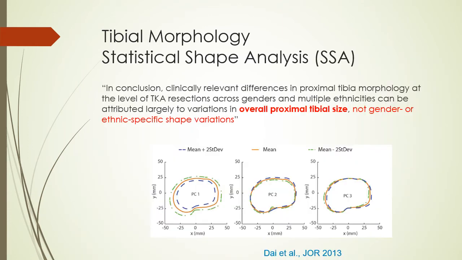In that same study, an example was presented based on using statistical shape analysis to assess the variation of tibial resection contour, the size and shape of it within the target population. And the finding pointed out that the overall proximal tibial size is driving most of the variability we see in the population. That's reflected in PC1, the most important factor to drive the variation.